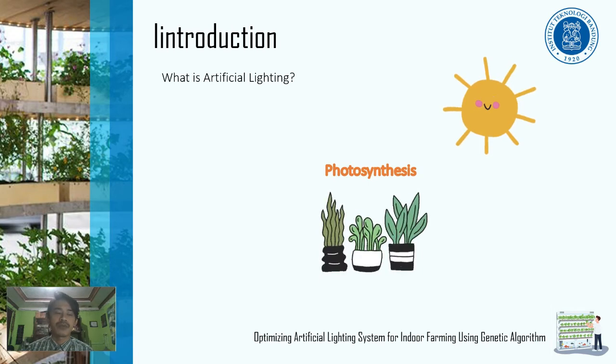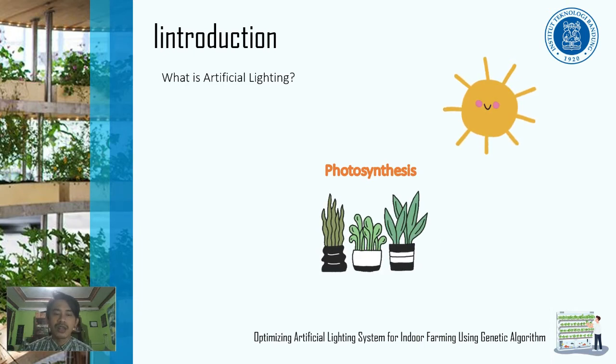For example, if we live in a flat, in an apartment, in an urban area, we do not have land, we only have buildings and structures. So this is the solution: we need to bring the plants into indoor farming.